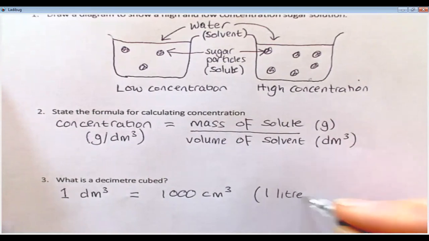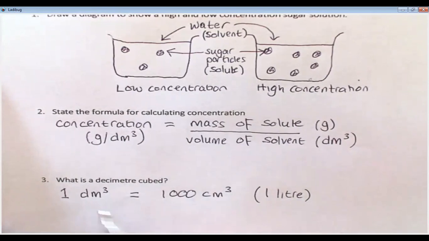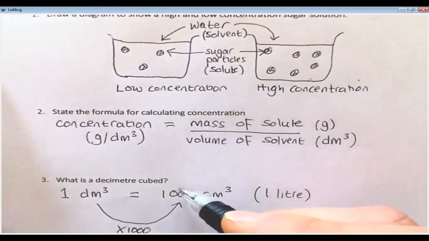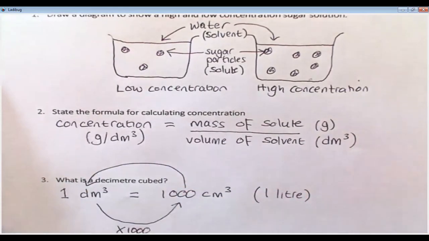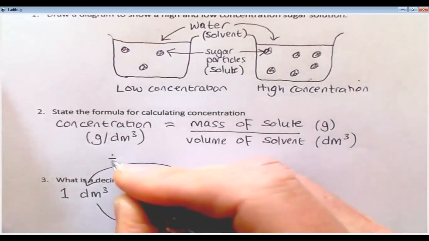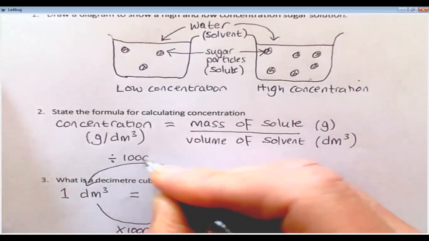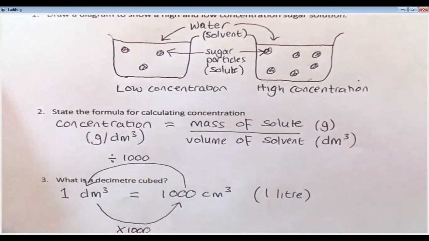But we're probably not going to talk in litres, probably going to talk in decimeters cubed and centimeters cubed. Now, if you want to convert a decimeter cubed into centimeters cubed, you will times by 1,000. However, more likely you're going to have to convert centimeters cubed into decimeters cubed. And to do that, you're obviously going to have to divide by 1,000. Okay?